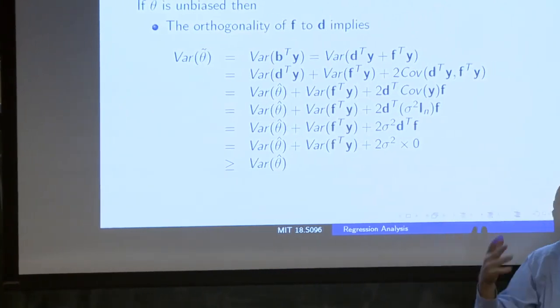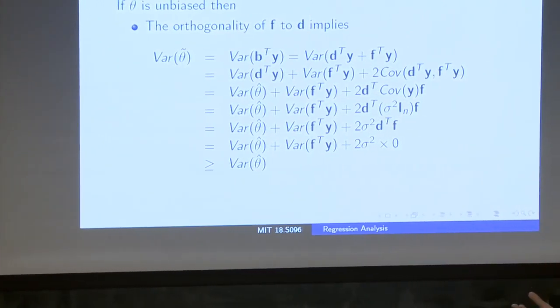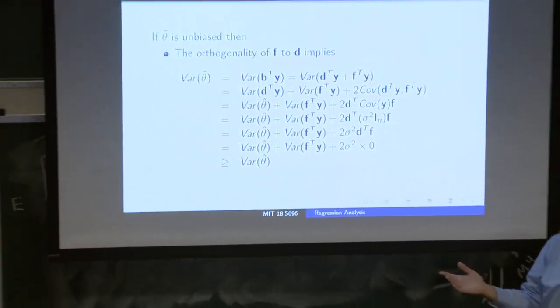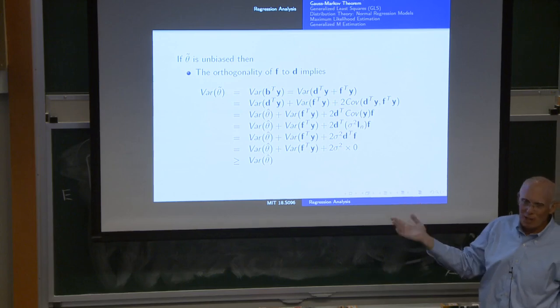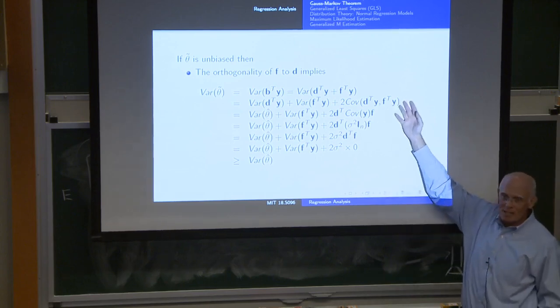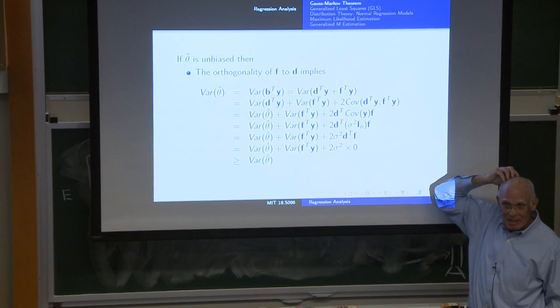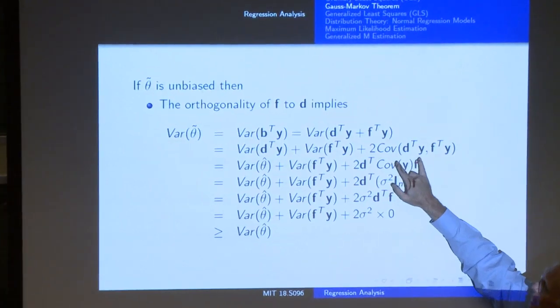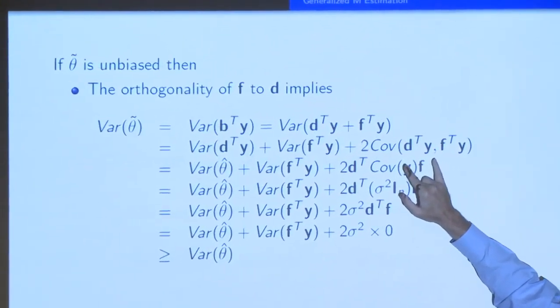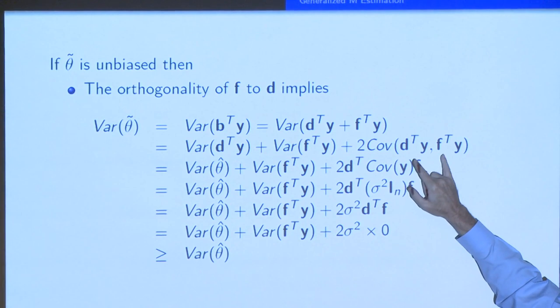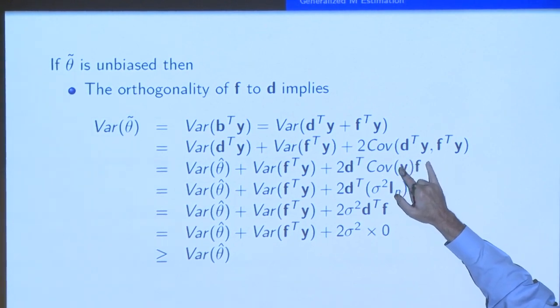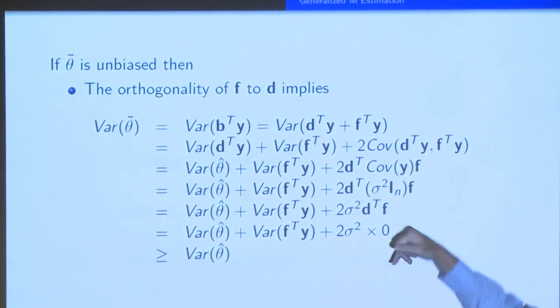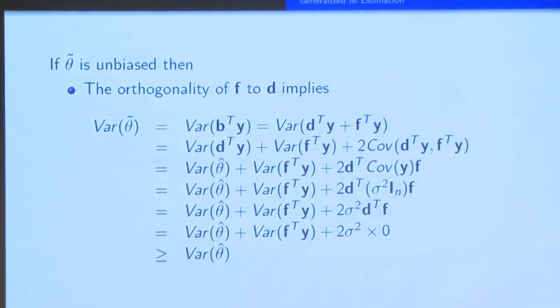Now, when you consider the variance of a sum, it's not the sum of the variances. It's the sum of the variances plus twice the sum of the covariances. And so when you are calculating variances of sums of random variables, you have to really keep track of the covariance terms. In this case, this argument shows that the covariance terms are in fact 0, and you get the result popping out.